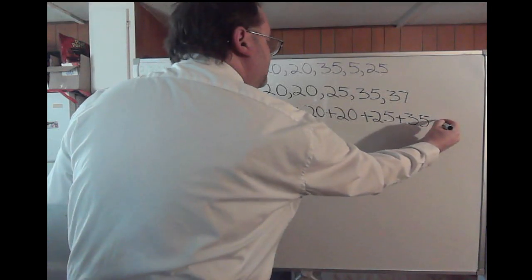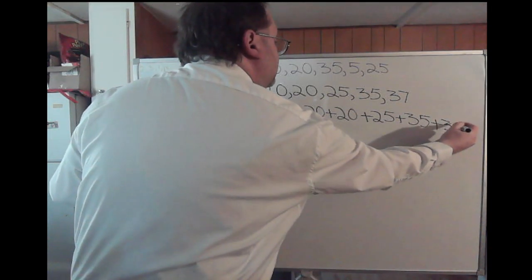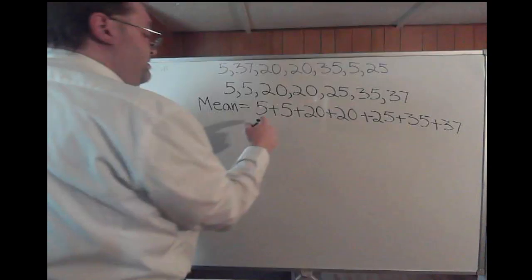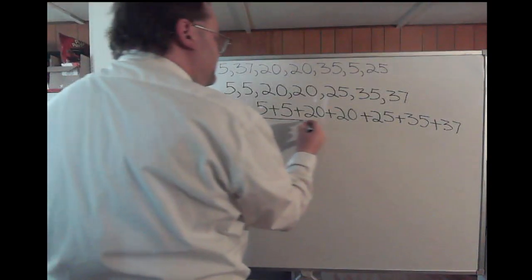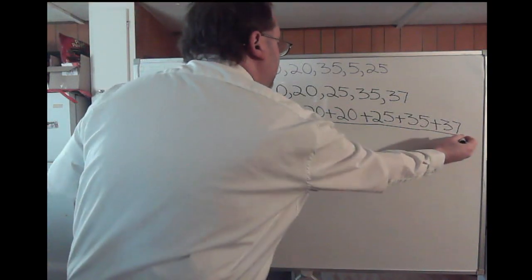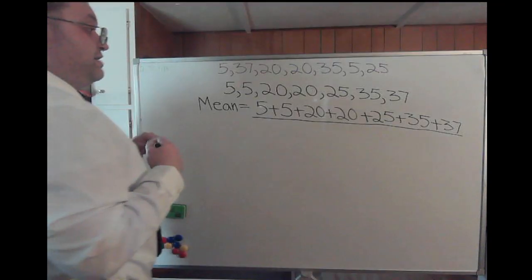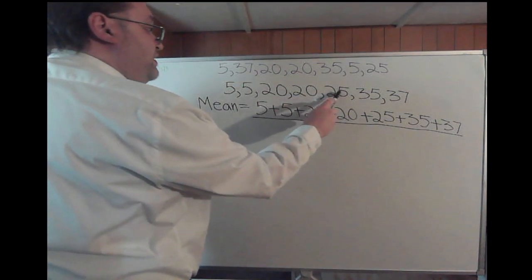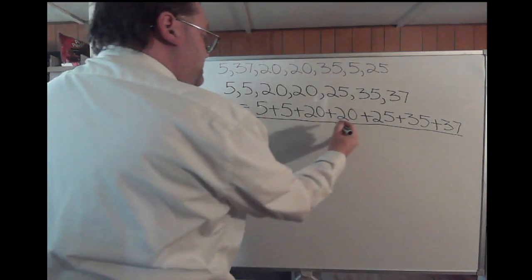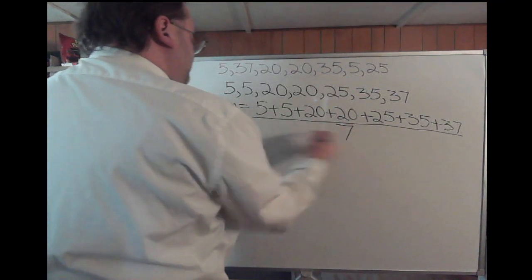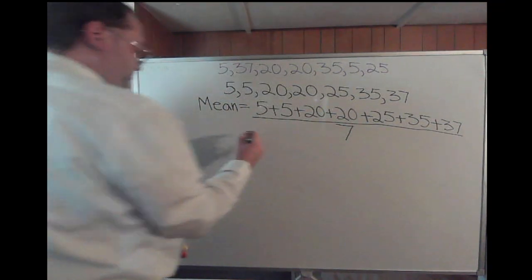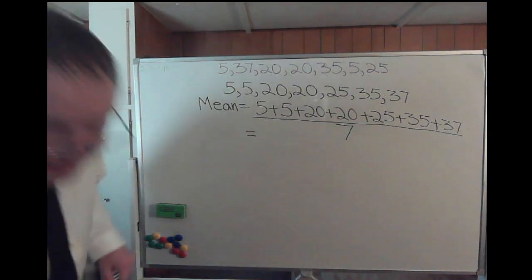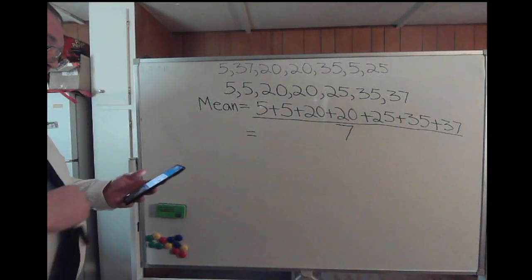This may seem a little daunting, but it's really not that bad. Then we're going to divide those numbers that we've added by the number of numbers that we have. So we have 1, 2, 3, 4, 5, 6, 7 numbers. So we're going to take all that and divide it by 7. That's how we'd get the mean. So I'm going to go ahead and stick this into my calculator.